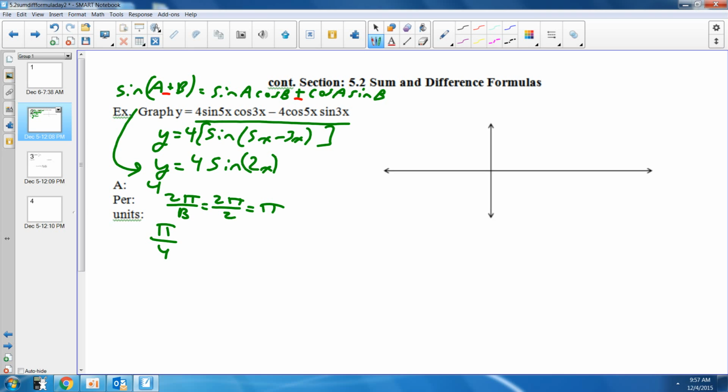And so now you're just going to mark the 4 and the negative 4, and then it's a positive sine, so you're going to remember it starts like this. No phase shift, units are pi over 4.